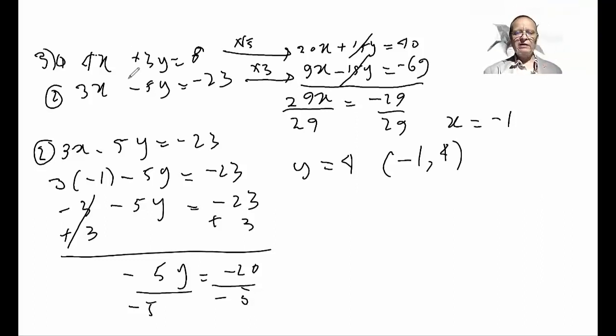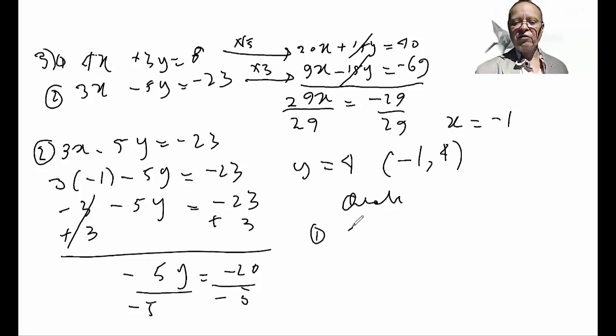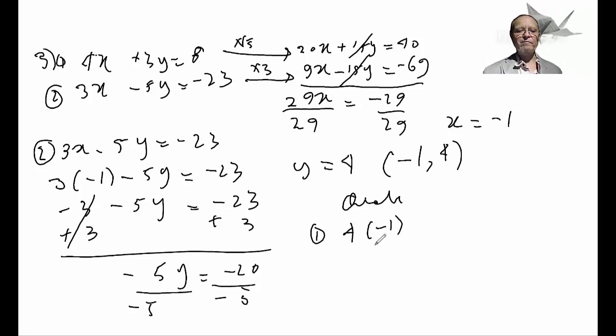and this would be the coordinate where my two lines intersect. And if you run out of time, it's always best to check it against both equations, but I'll check it against the one that I didn't use. So I've already used 2 to find y. Let's see if I get the correct answer when I use 1 as a check. So I'll take 1, and I have 4x, I found x to be negative 1, plus 3y.